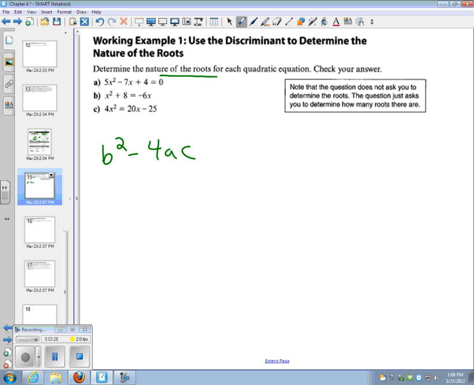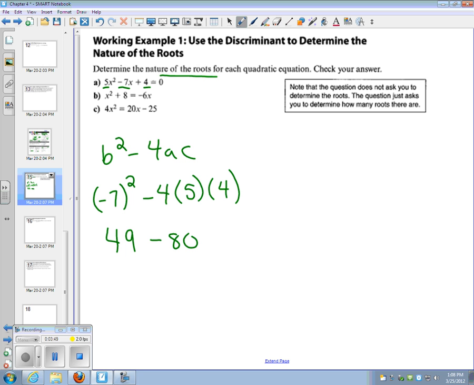Question A, we have 5, negative 7, and 4 as our a, b, and c. So b squared would be negative 7 squared minus 4 times a, which is 5, times c, which is 4. So we get 49 minus 20 times 4, which would be minus 80.